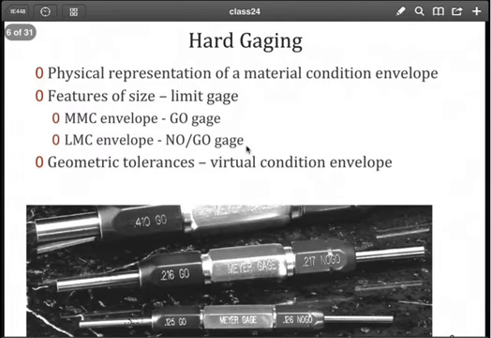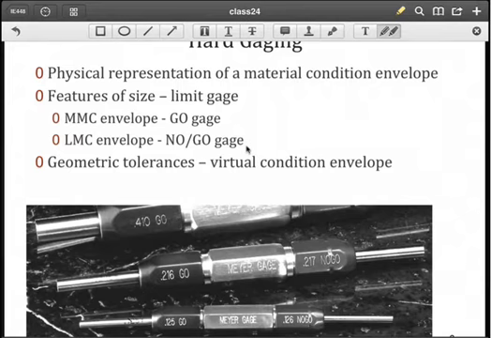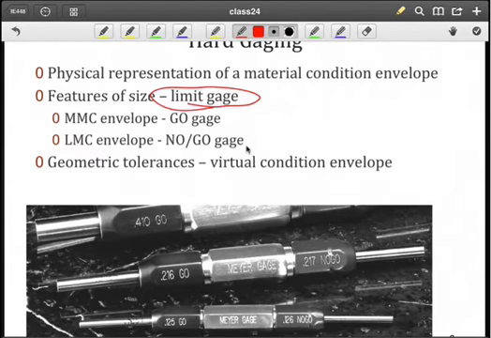So here's an approach to hard gauging. Let's represent the material condition envelope that's specified in our design. For features of size, it's very simple. We'll create two limit gauges. So you've probably heard of go and no-go gauges. The go gauge is always designed for the MMC envelope, and the no-go gauge is designed for the LMC envelope.